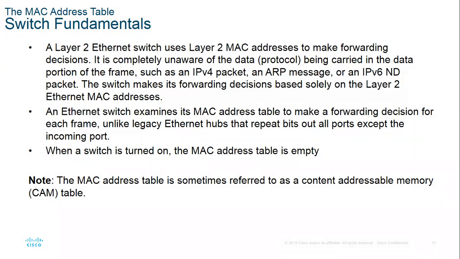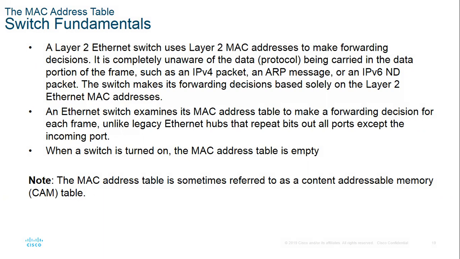I already told you it's an association between a port number and the source MAC address received over this frame, which means it learned through this Ethernet frame the MAC address of the host connected to this port number.